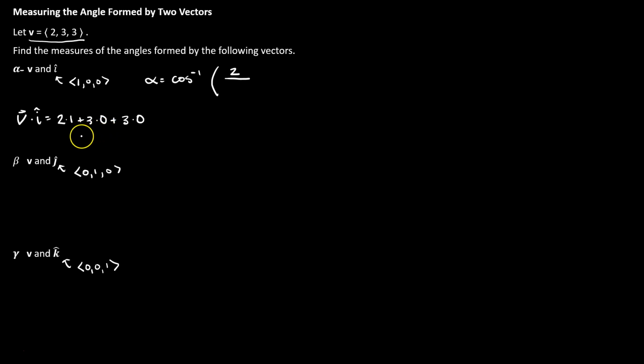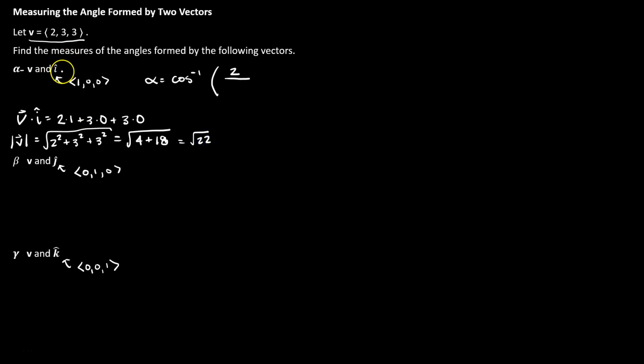Okay, next we need to do the magnitudes. So let's calculate the magnitude of v. Four plus 9 plus 9. I know 9 plus 9 is 18, not 19. And then 4 plus 18 would be 22, so we have root 22.